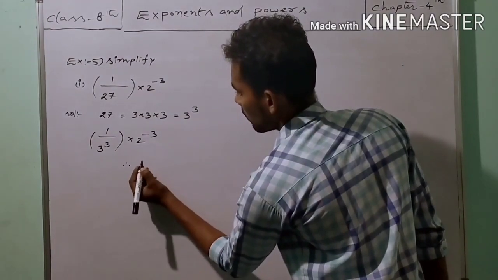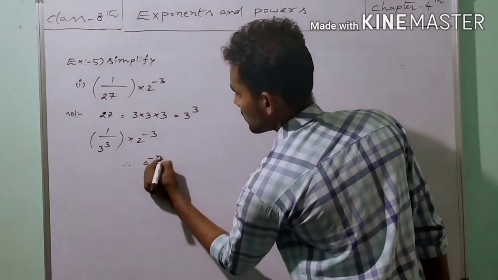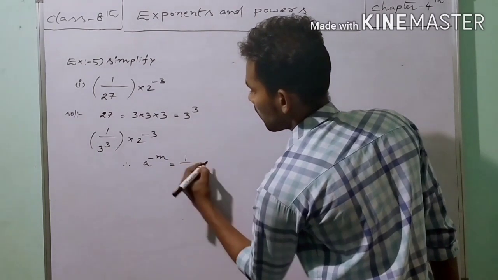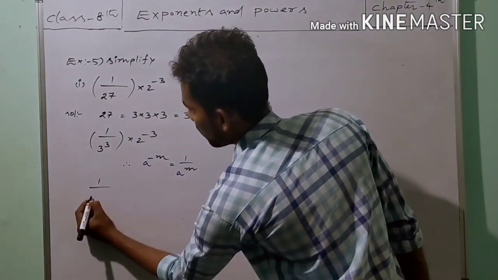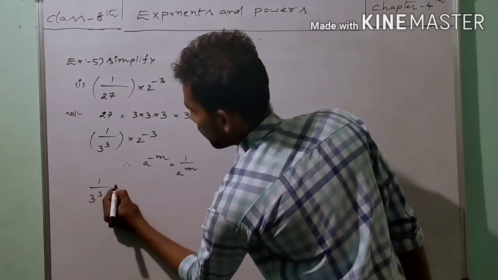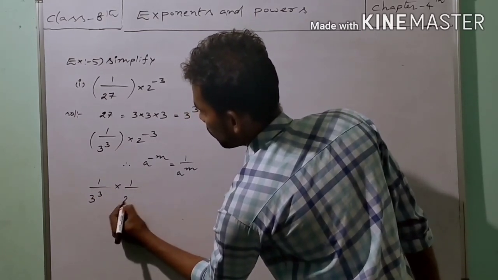Therefore, a power of minus m equals 1 by a power of m. 1 by 3 cube into 1 by 2 cube.